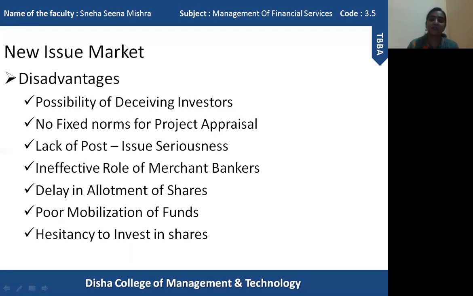The investors face many problems. They are not communicated properly with proper information. They are not provided any kind of information there. If they are equity shareholders, there may be some cases where the opinions of the equity shareholders are not being heard by the management.